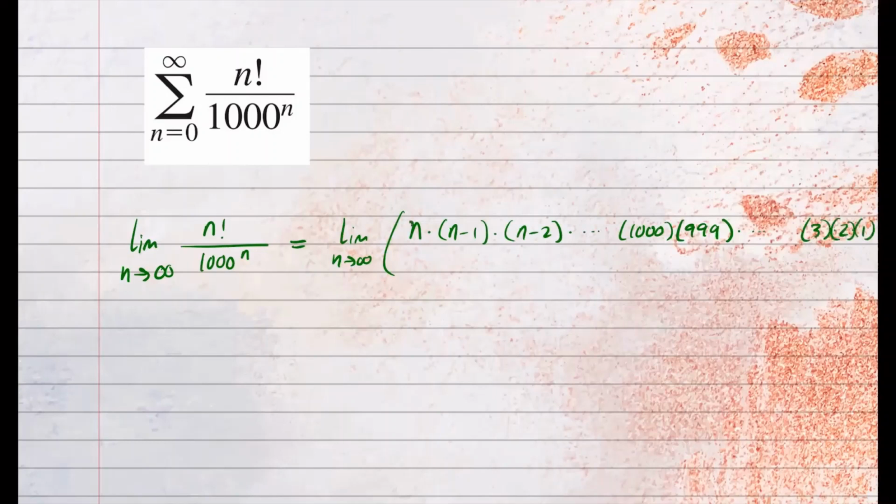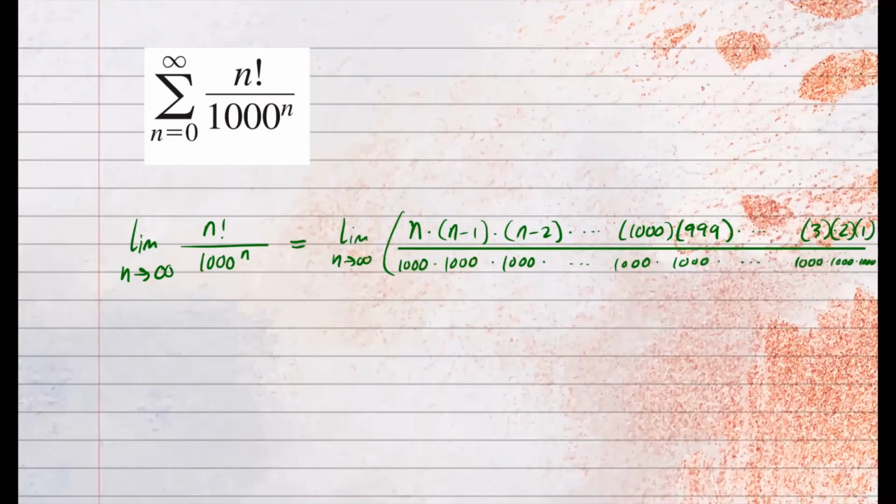You write out all the products starting from n and going down all the way to 1. So in the denominator, we just have 1000, n times. So you have 1000 times 1000 times 1000, and keep on going, but you got the idea. I'm just going to fill out up to the last term, 1000, 1000, 1000.